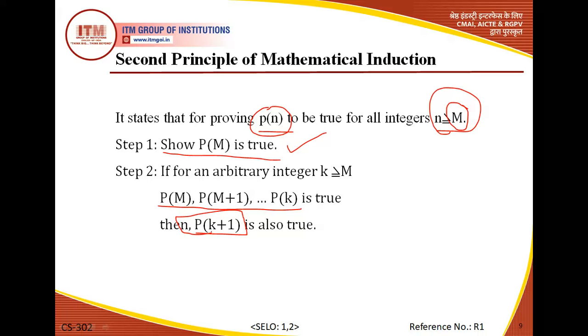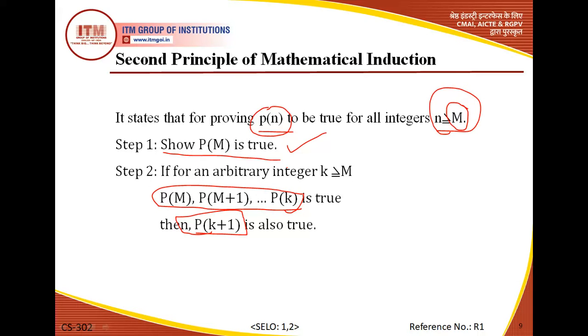Please see what is the difference between the two principles. In the first one, we start from n equals 1. We show the result is true for n equals 1. Then we let it be true for some particular value k. Now here, the supposing part is being changed. We have supposed that we have proved that Pm is true.